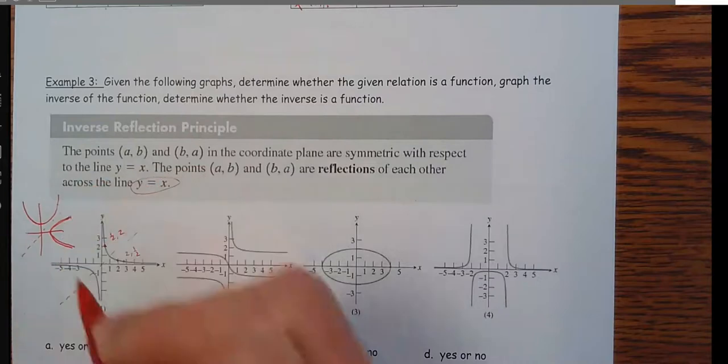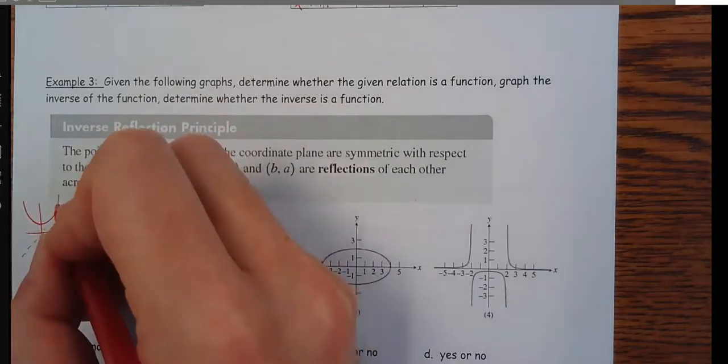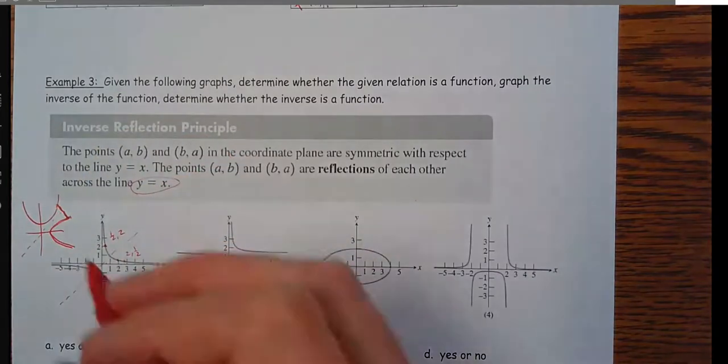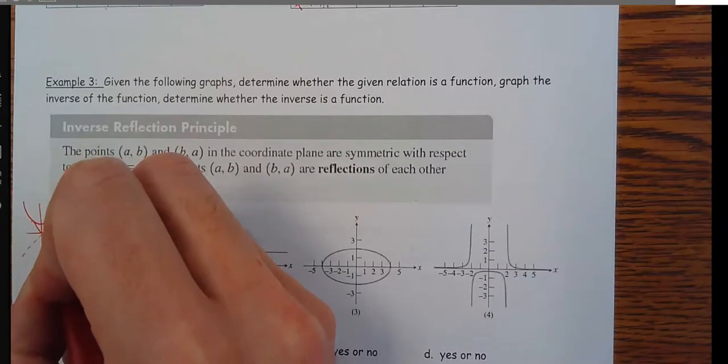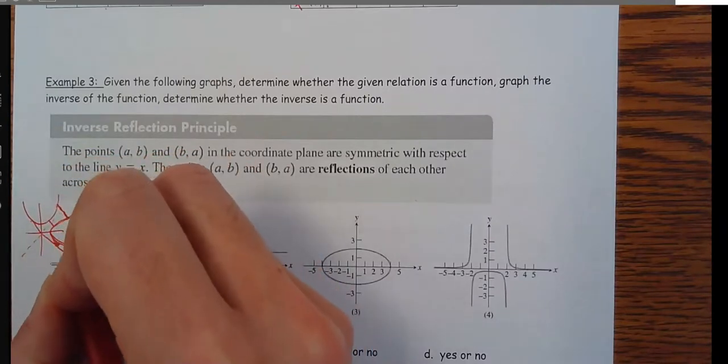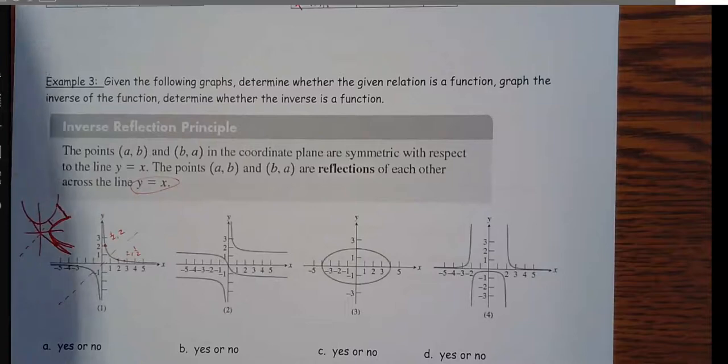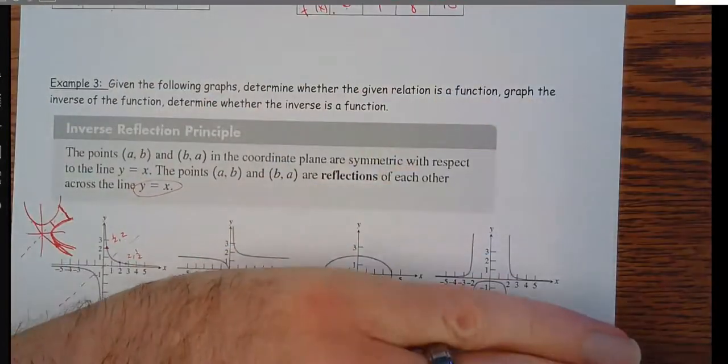You can draw a sideways parabola there. Every point on here, whatever that distance is, has another point that's the same distance from that line. So all these points get flipped over. It should be a little bit wider like that.